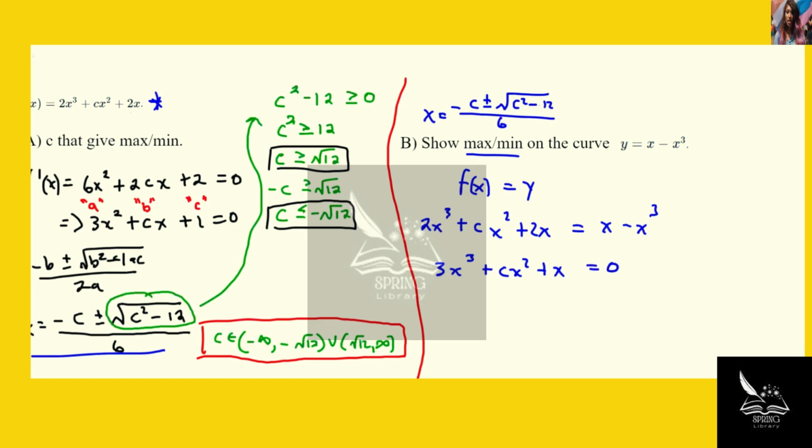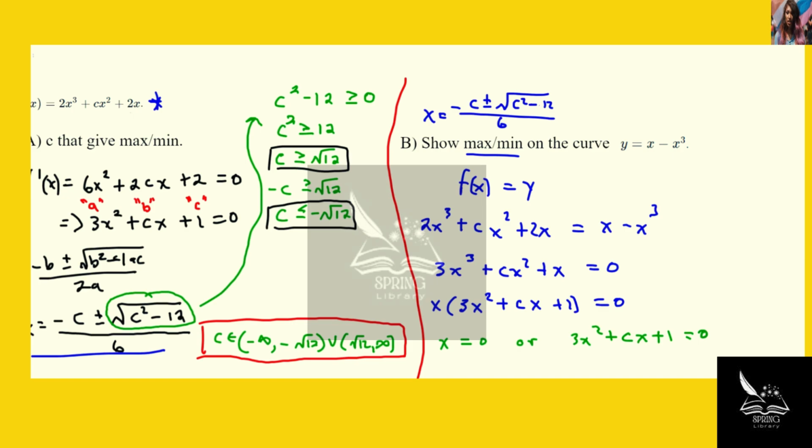Let's factor out an x. So we get x times 3x squared plus cx plus 1 is equal to 0. By the zero product property, either x is equal to 0 or 3x squared plus cx plus 1 is equal to 0.